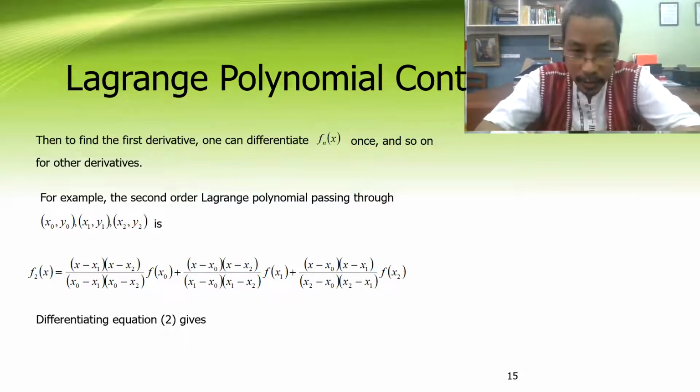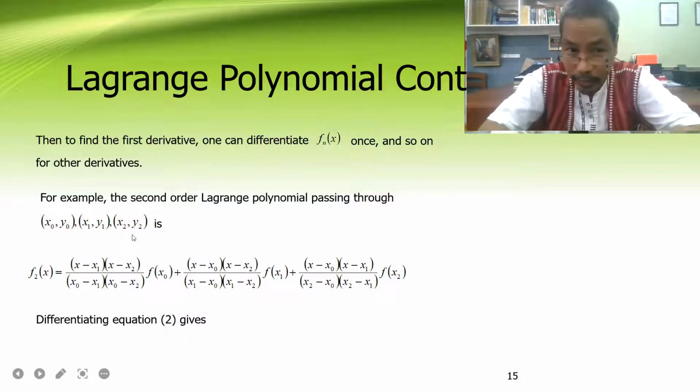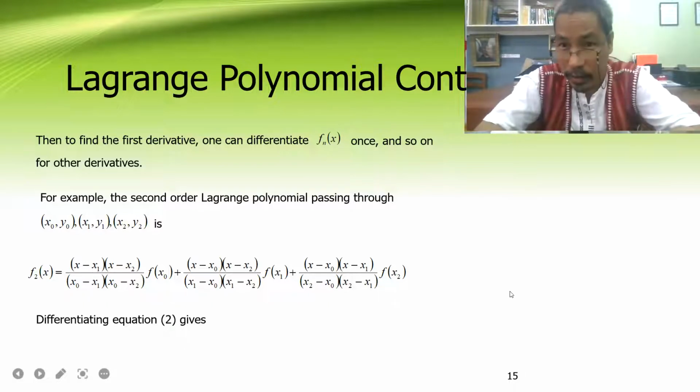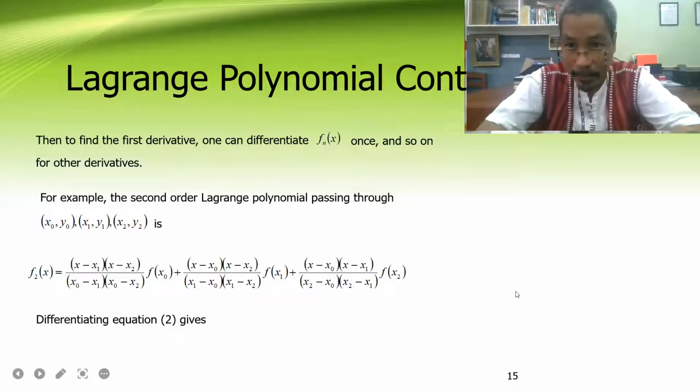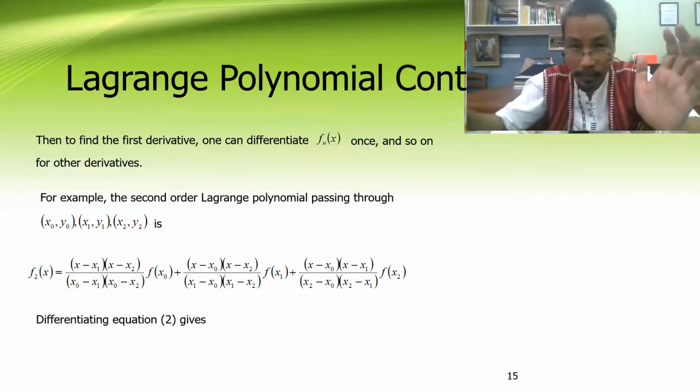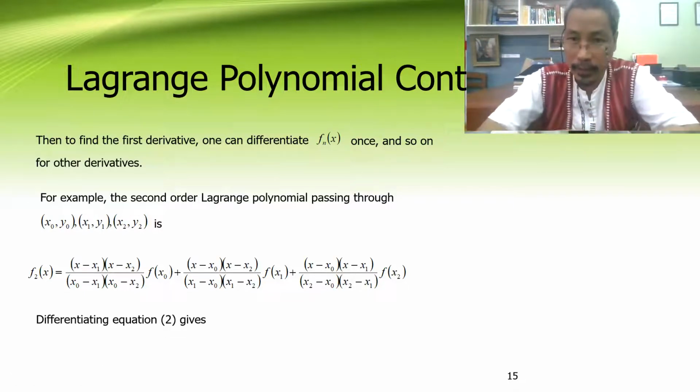So do it one at a time. Do this first term, do another term, and do the final term. If we are looking at 3 coordinates, there are 3 terms. If we are looking at 4 coordinates, there are 4 terms. If we are looking at n coordinates, we are looking at n terms.